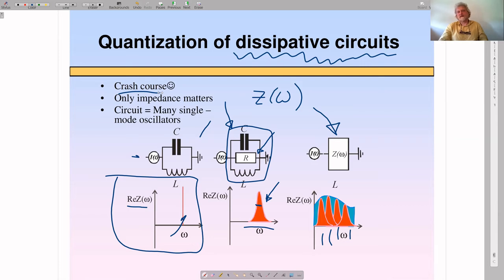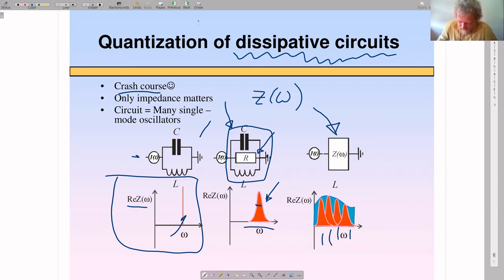So there's a way to quantize dissipative circuits. So now we can replace a single mode oscillator with a big set of oscillators. And then we will consider each oscillator separately and look at the energy loss to all possible oscillators.